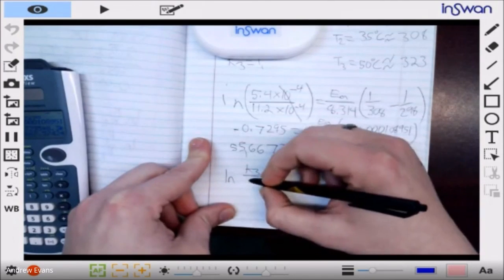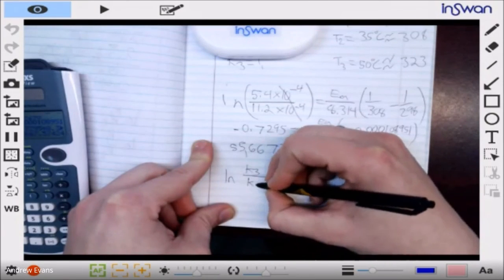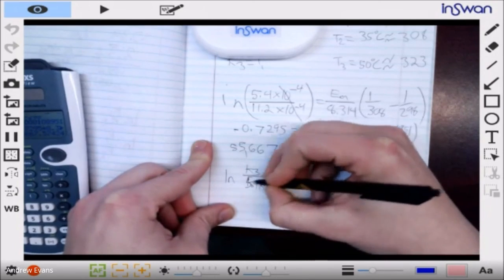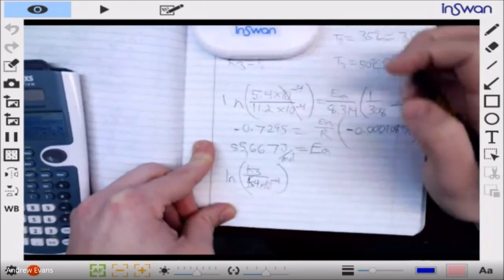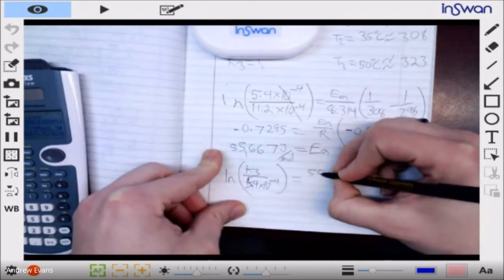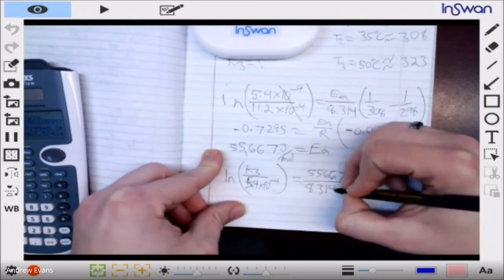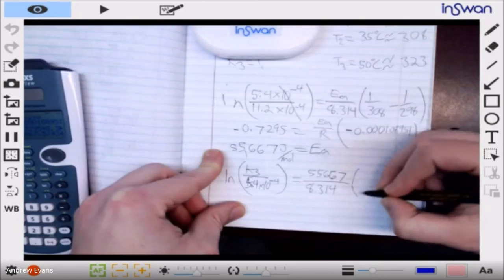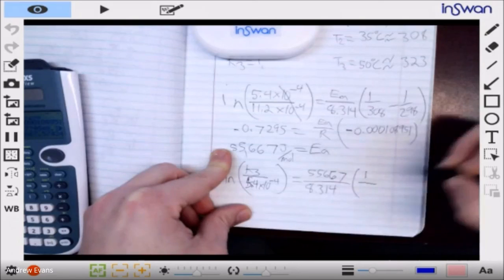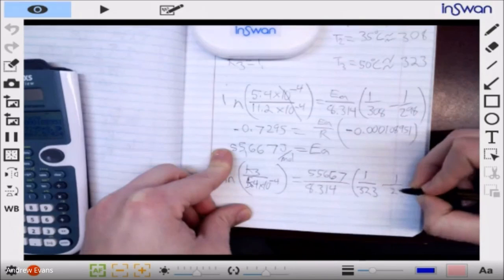K3 over K1, where K1 was 5.4 times 10 to the negative fourth, equals 55667 over 8.314 times one over 323 minus one over 298.